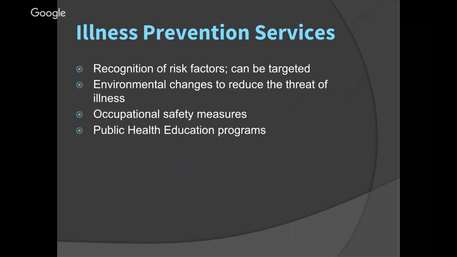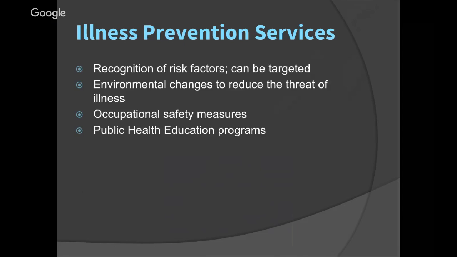Another example of this would be occupational safety measures. So when you think about occupational safety, and this is different from occupational therapy, occupational safety is the safety in a particular workplace. If you think about factory workers or construction workers where they have different things that they wear in order to prevent injury or illness, that would fall under illness prevention services.